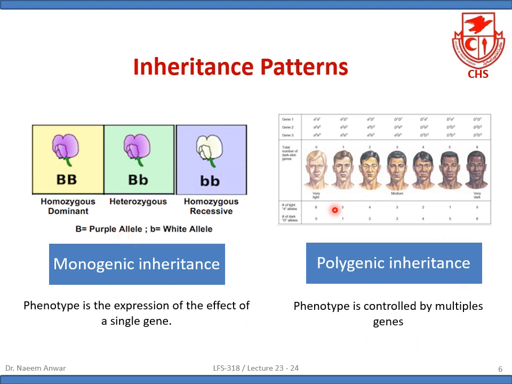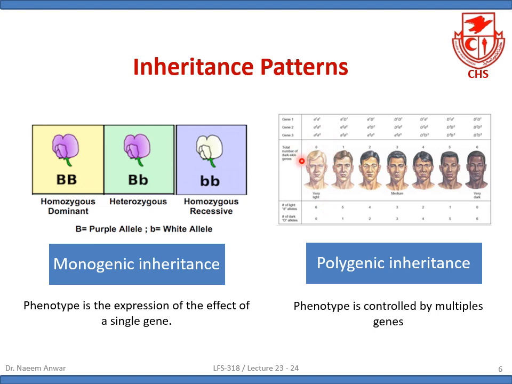And if we are talking about polygenic inheritance, then we have to know that the phenotype is controlled by multiple genes. Here, as you can see, if it's clear enough, we are talking about gene 1, gene 2, and gene 3. And each gene has its own combination. So the combination of the three genes will give us a specific phenotype.